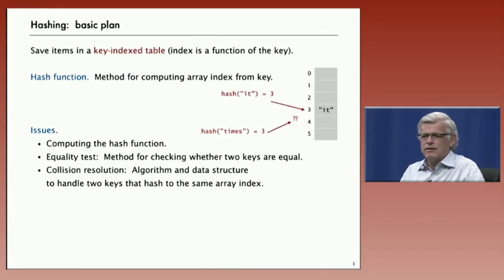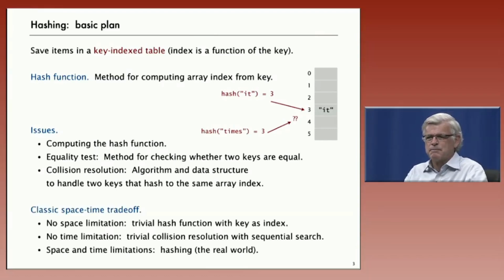And then there's the problem of collision resolution, where since there are so many possible values for a typical data type, we're going to get the situation where two values hash to the same array index. And we need a collision resolution strategy to try to figure out what to do in that case. And these things are not difficult, but they're all worth articulating as separate issues that we have to deal with in order to get an effective symbol table implementation.